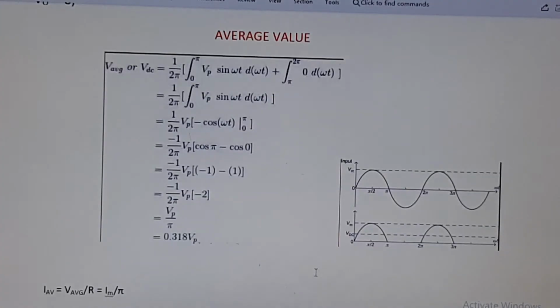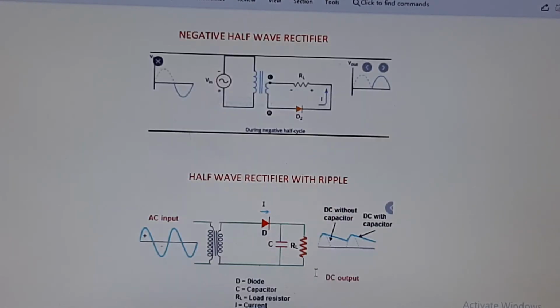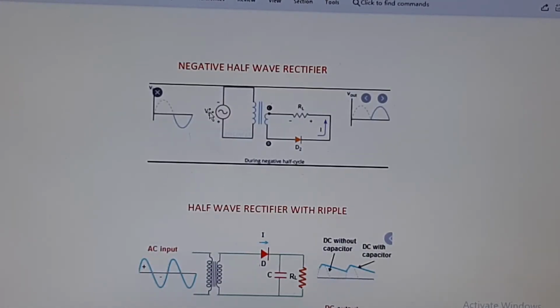But when it is the negative half cycle, if the voltage is negative, then we have to connect the diode in the reverse direction, and the current will be in the reverse direction, and then the output voltage will be on the negative side. That is, for the input voltage on the negative side, we can find the output voltage. This is the negative half wave rectifier.